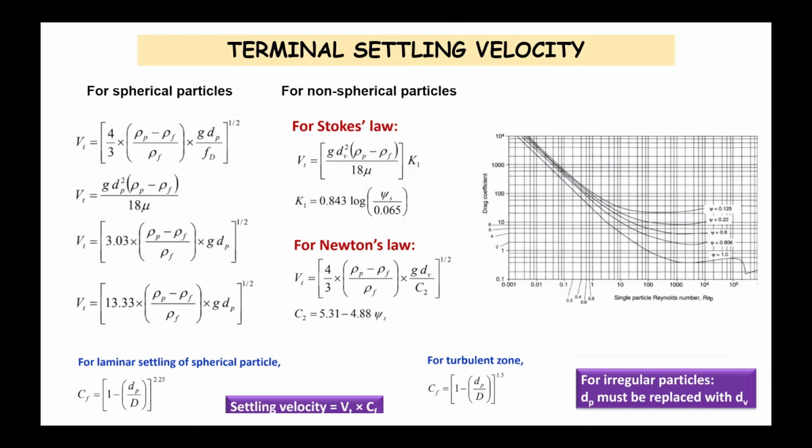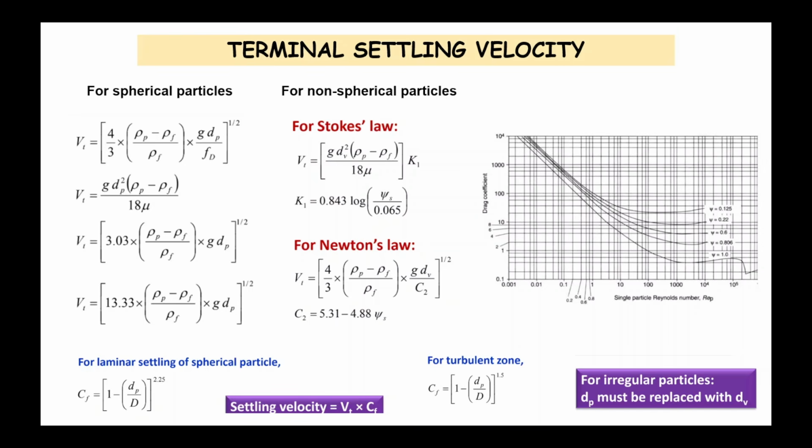Now we relax one of the assumptions, and then we consider it for non-spherical particles. In that case, same way, we need to account for the flow of the fluid based on the value of the Reynolds number. The equation will vary.